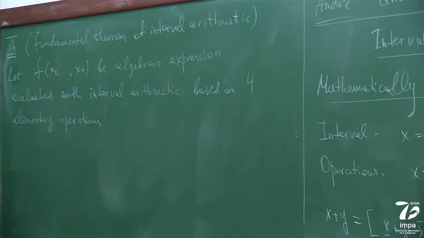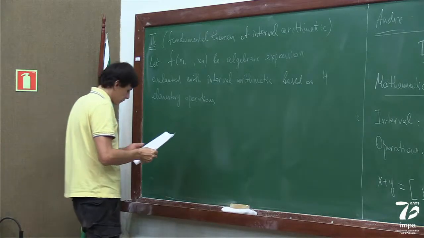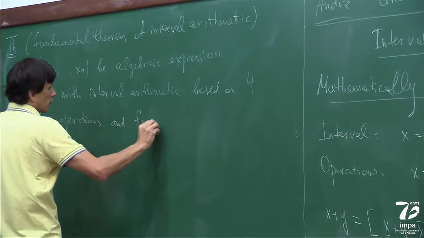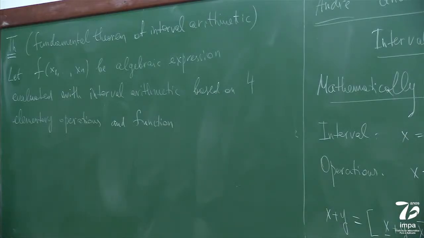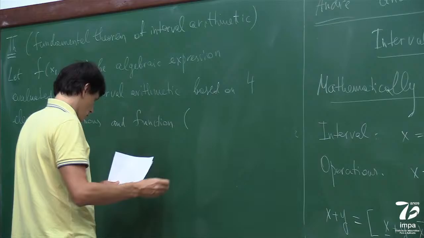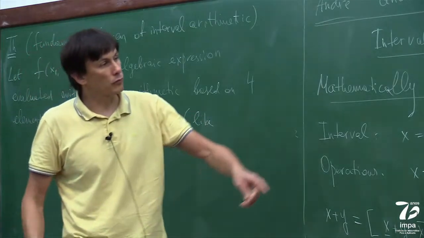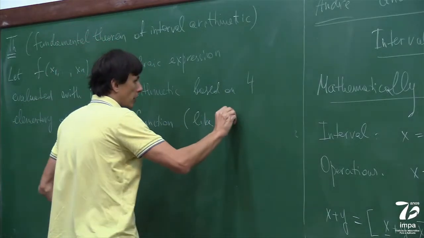So that elementary operation is plus, minus, multiply, or divide. And some incorporated functions that you can make extra by hand. Like the function that we discussed, x squared, or x to any power n.